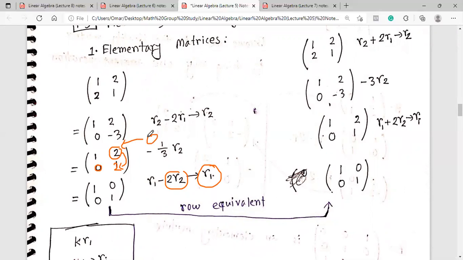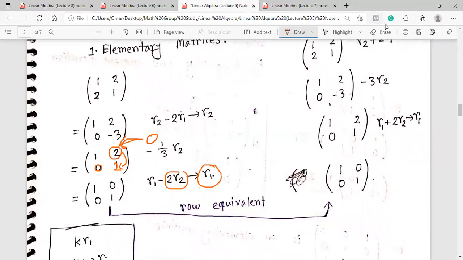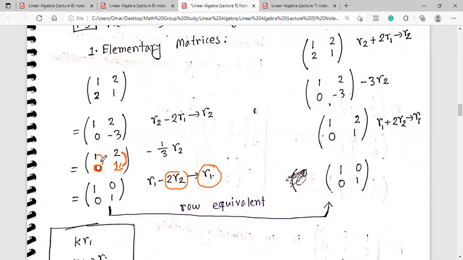To make an identity matrix, we want this 2 as 0. That's why I multiply 2 with the second row, and then I subtract it from the first row. So 1 minus 0, that will be 1, and then 2 minus 2, that will be 0. Okay, so this is our answer.